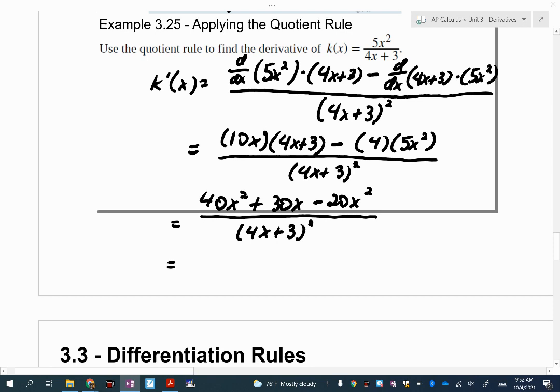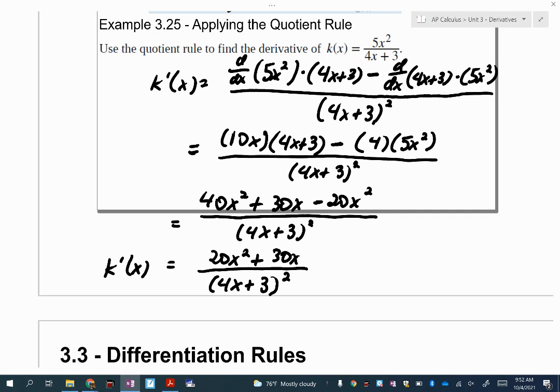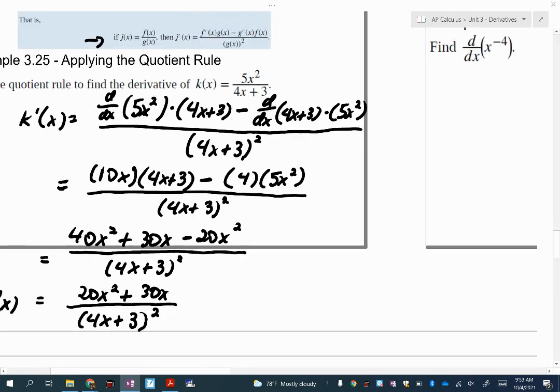So my answer for k prime of x is going to be 20x squared plus 30x, all over 4x plus 3 squared. Okay, you can factor out an x in the numerator if you wanted to. I guess you can factor out a 10 as well. Then you get 2x plus 3. That's not going to be able to cancel with anything. Oh, excuse me. So it's fine to just leave it as is.